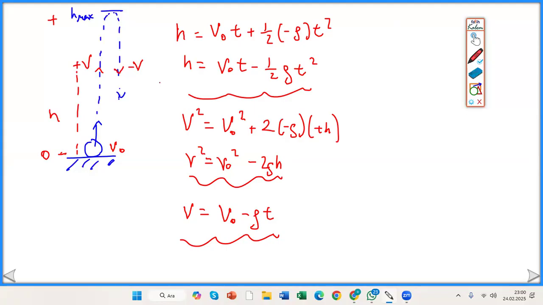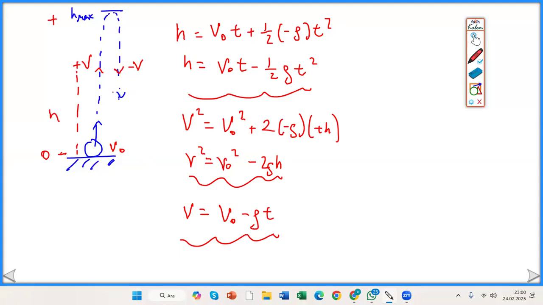Until now we have analyzed three different types of vertical motion in one dimension. Be careful, these are all motions in one dimension.